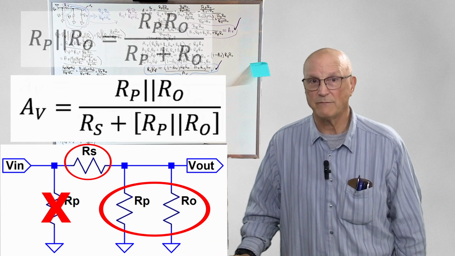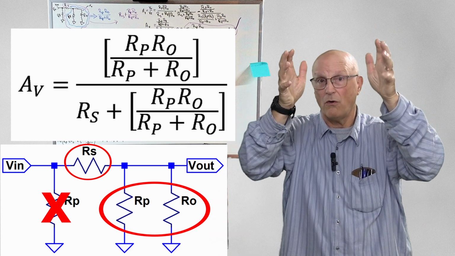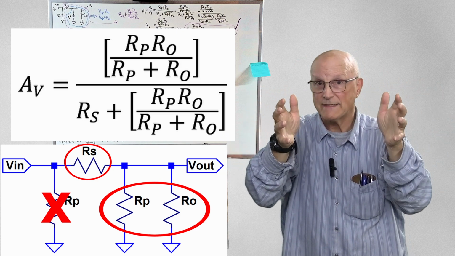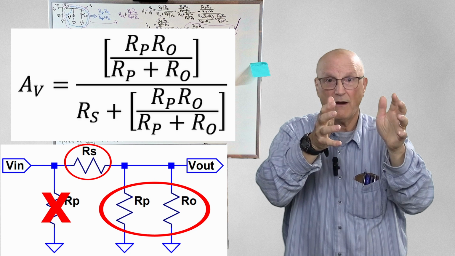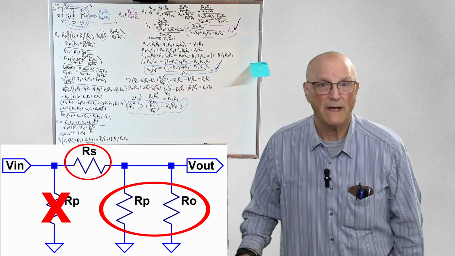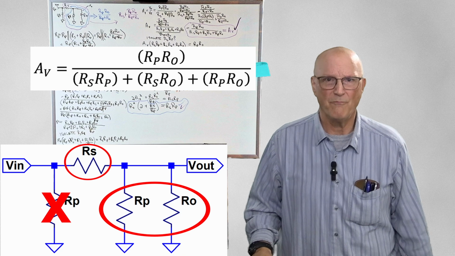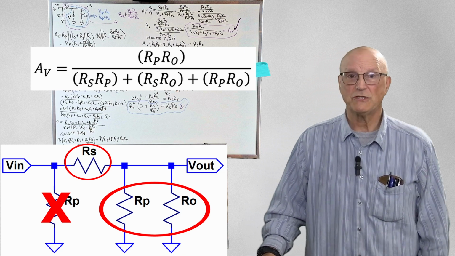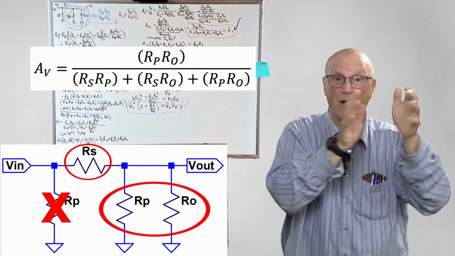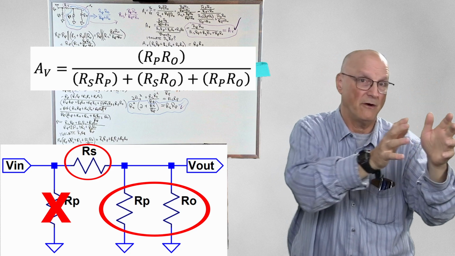So this becomes the voltage gain is equal to Rp-Ro over Rp plus Ro divided by Rs plus Rp-Ro divided by Rp plus Ro. When multiplied out and simplified as much as possible, I get this lovely massive equation where voltage gain is equal to Rp-Ro divided by Rs-Rp plus Rs-Ro plus Rp-Ro.